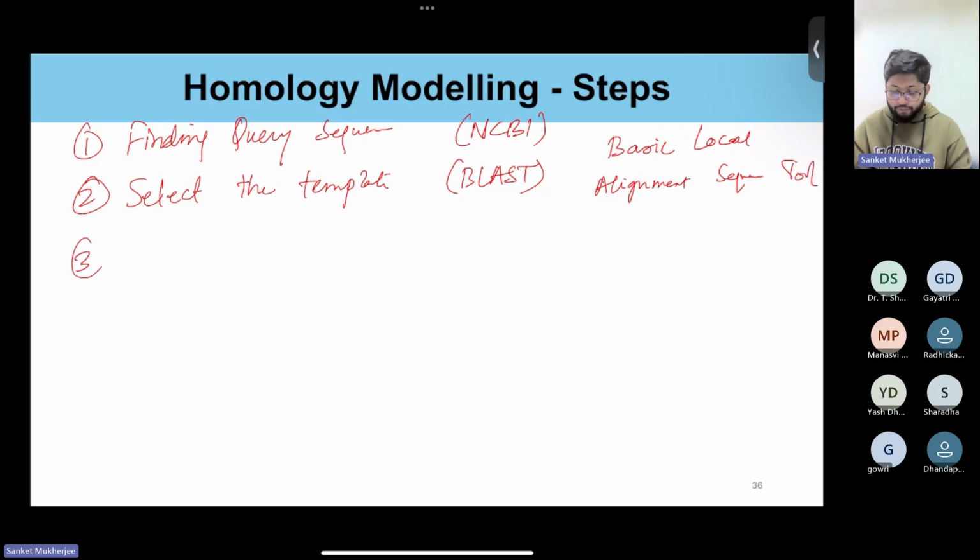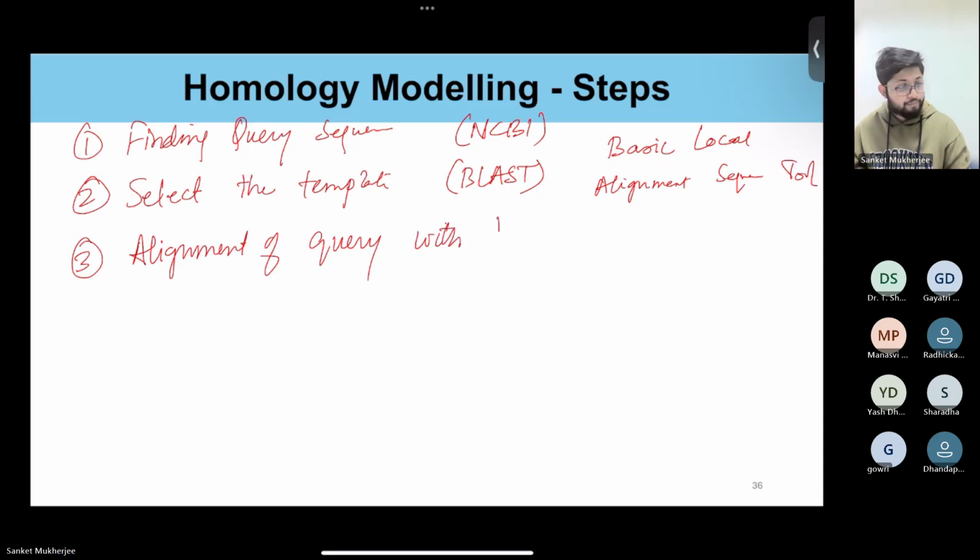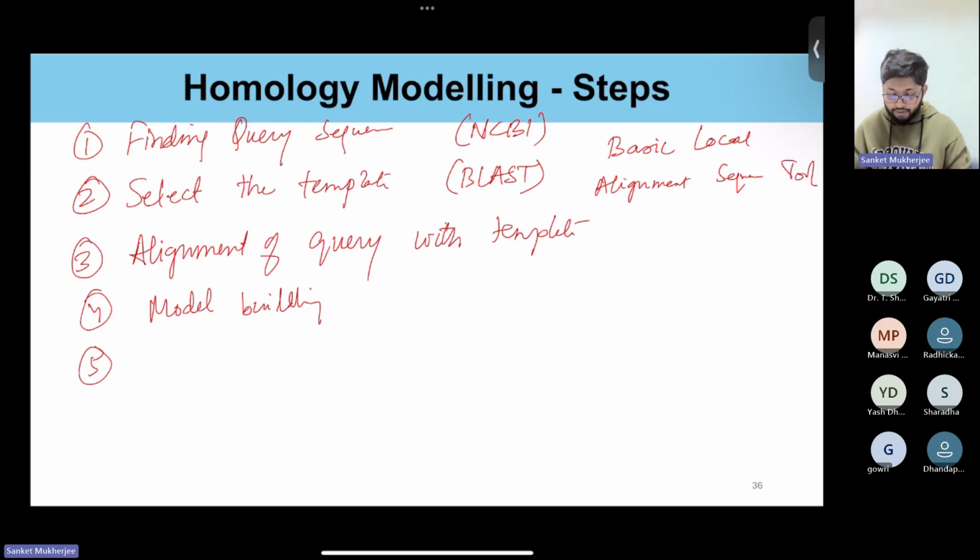Then you will go for alignment of the query, which is your own sequence, with the template. Then you will go for model building, and then structure validation.